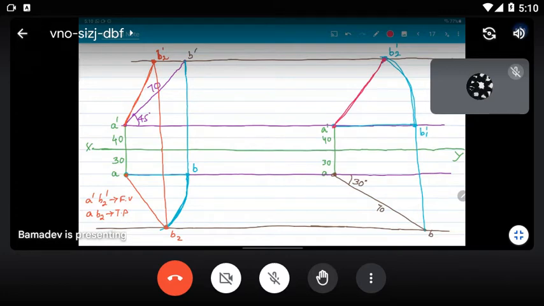A dash B2 dash is the front view, and drop a projector from here to here. This becomes B2 and join it. Here A B2 is the top view, right?